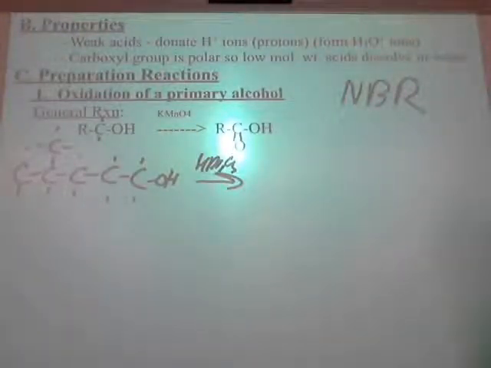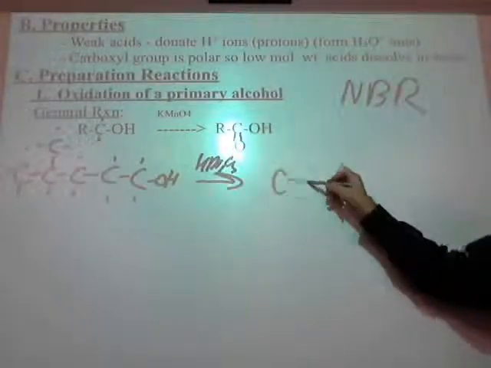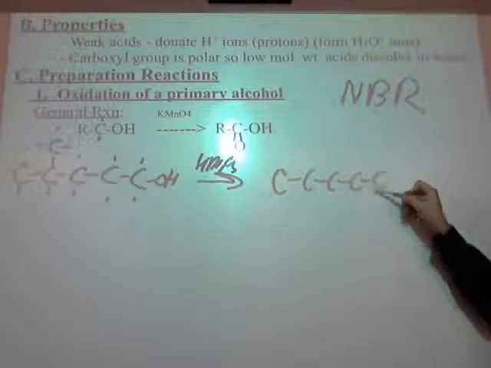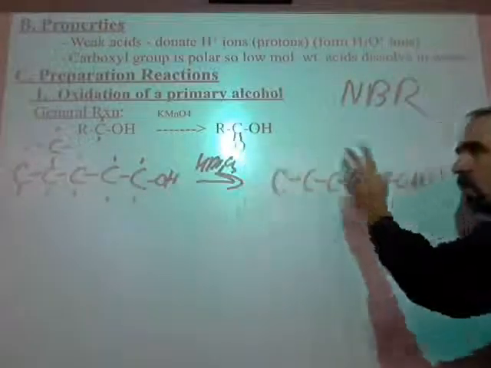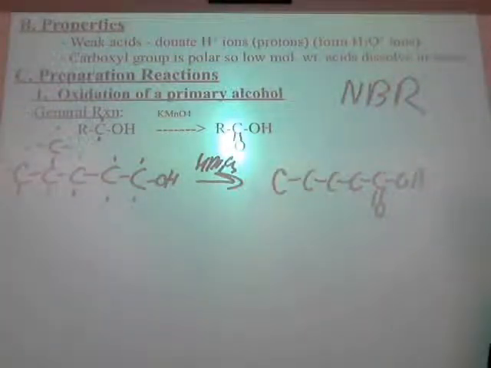One of the mistakes I saw, again, even though I warned you about it: people concentrate so hard on getting this part right that they completely forget about something else. If you look at your worksheet, you'll see that they forgot the methyl group up there. It was there. You don't just delete it.